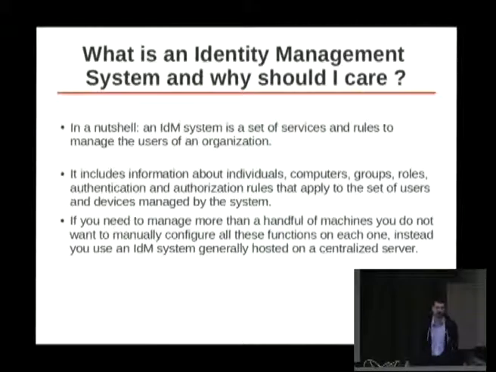And by device, again, I use a very broad definition. It's not just computers. It could be appliances, other smart devices like phones, or even just access points and network devices. An identity management system is always used, even if it's not always recognizable, when you have to handle more than a few machines.